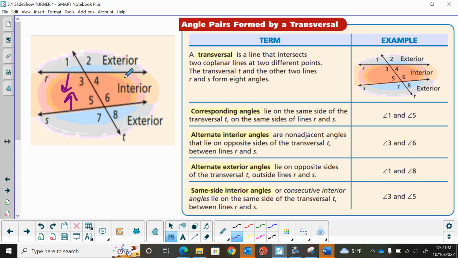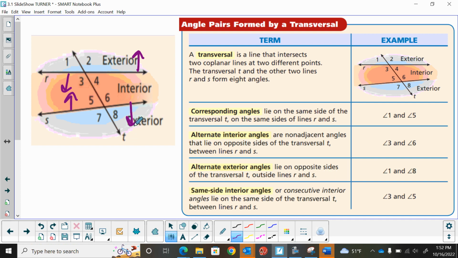Or think of it like a sandwich. If those are your 2 pieces of bread, everything in between in the sandwich, that's all the interior. And then the exterior would be angles 1 and 2 and 7 and 8. So those, think of it as opposite directions of those lines, kind of above and below, or kind of on the outside. Okay, so that's interior, exterior.